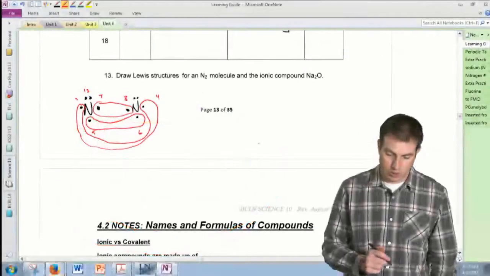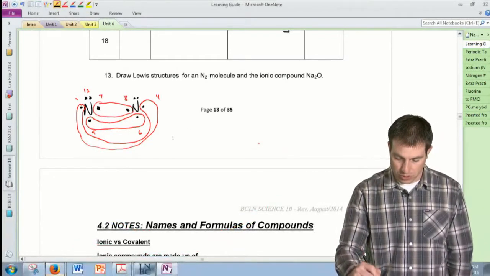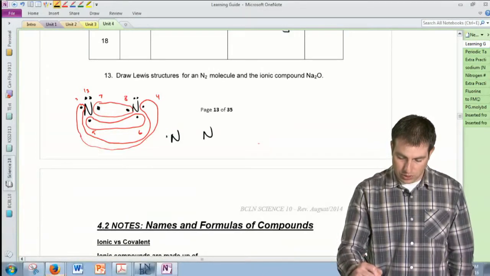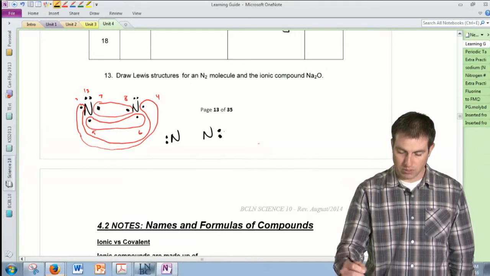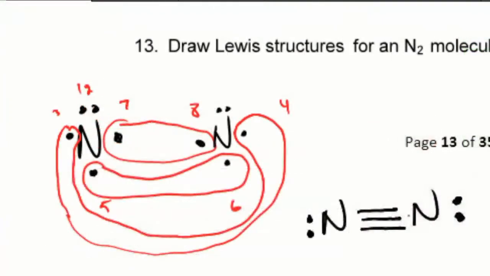It's kind of a weird situation here where nitrogen, I'm just going to redraw this diagram. Nitrogen has these 2 electrons up at the top. I'm going to put them on the side here, and same thing over here. And nitrogen forms what we call a triple bond with itself.